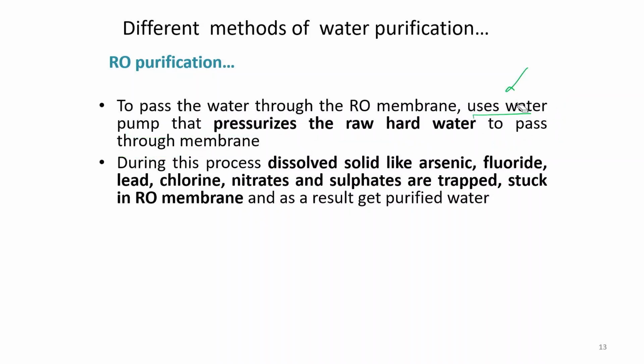Now, during this process, the dissolved solids like arsenic, fluoride, lead, chlorine, nitrate, and sulphate are larger than the pore size, and they are trapped or stuck in the membrane.